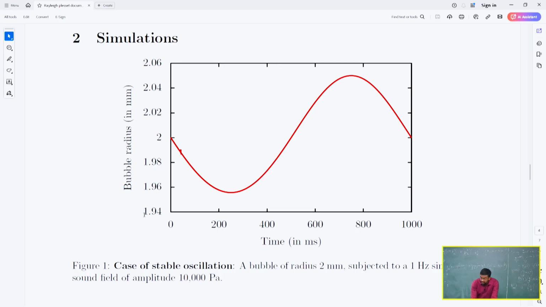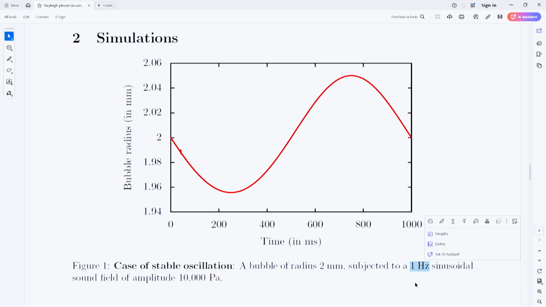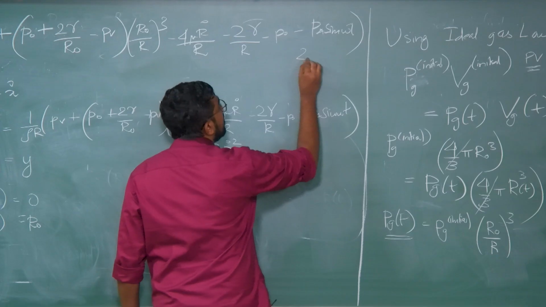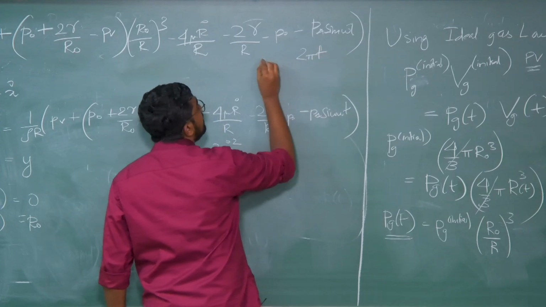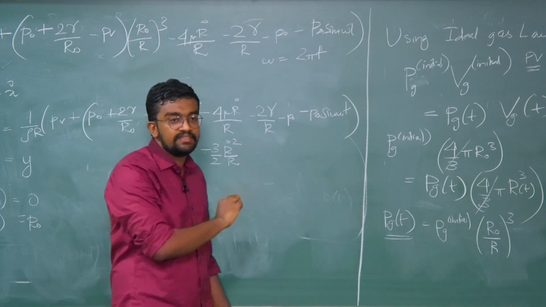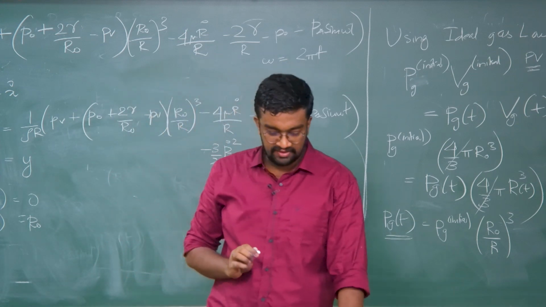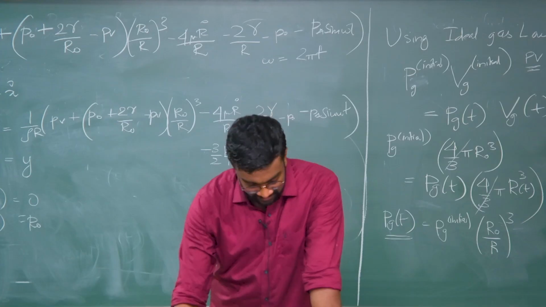So, this is one of the bubble radius variations with respect to time. Here we are oscillating with the frequency of 1 hertz. So, omega is 2 pi into 1. Here always omega is 2 pi into frequency. Angular frequency is related to frequency as 2 pi times frequency.